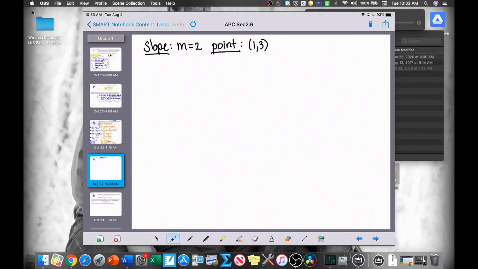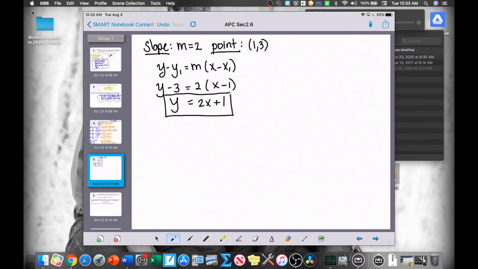So now we do point-slope form, which is y minus y1 equals m times x minus x1. So we have y minus 3 equals 2 times x minus 1. On this side, we're going to get 2x minus 2, but then when we add the 3 over from the other side, we're going to get 2x plus 1. So there is the equation of our tangent line.